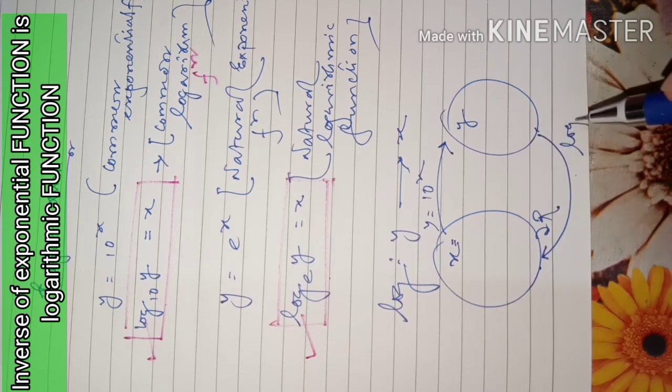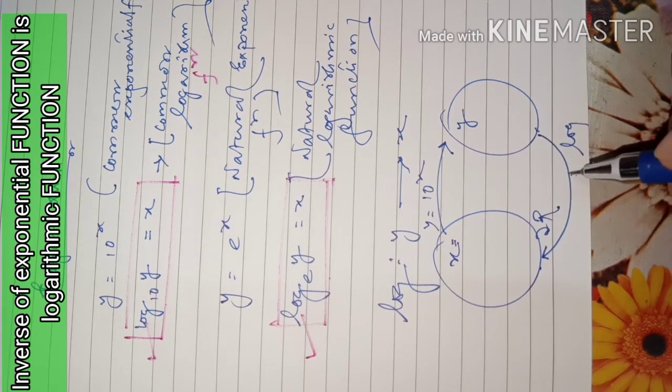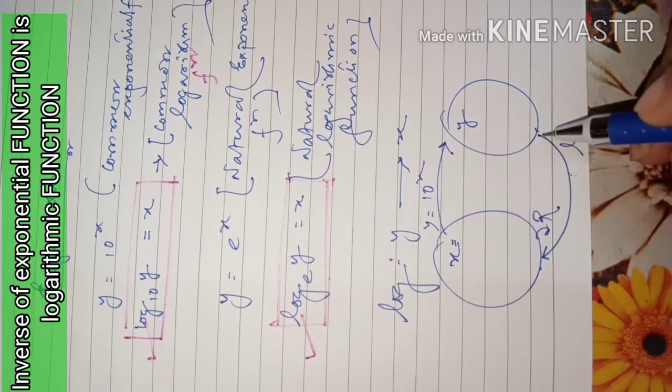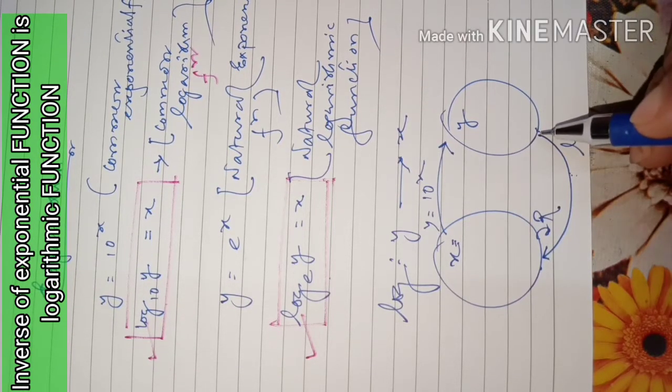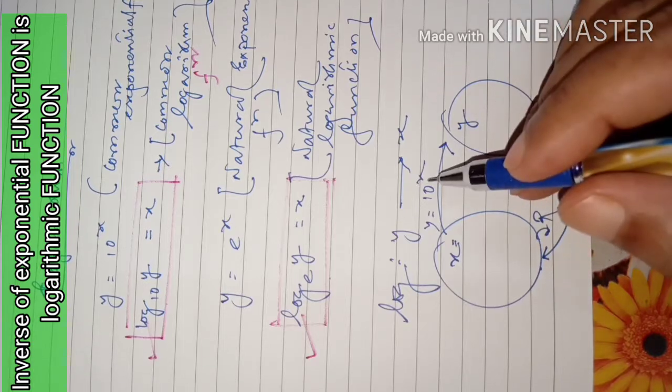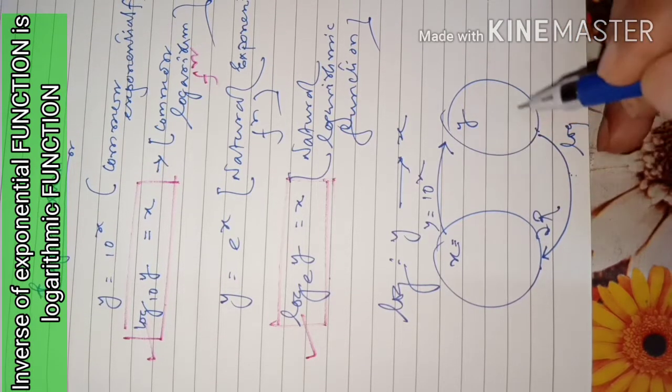Now, the log function, the inverse of this exponential function, we define only for positive numbers. Because for any value of x you consider, you will always get positive numbers only.